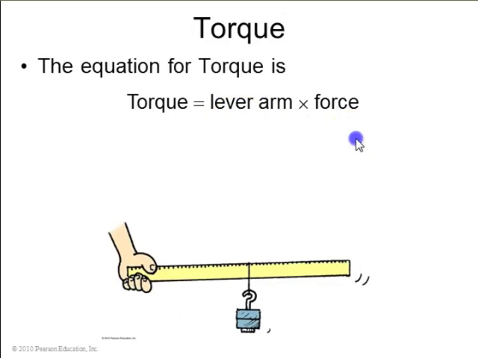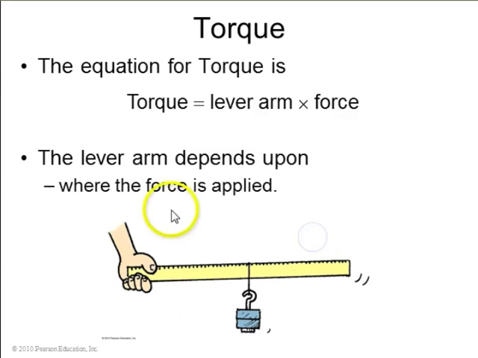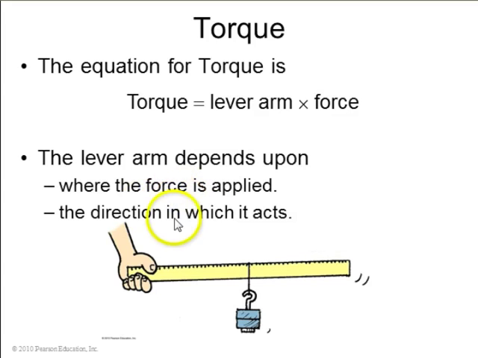So there's an equation: lever arm times force. The lever arm depends both on where the force is applied and what direction it acts. Simplest thing is a perpendicular force just gives a lever arm, which is the distance from the rotation axis to where the force is applied.